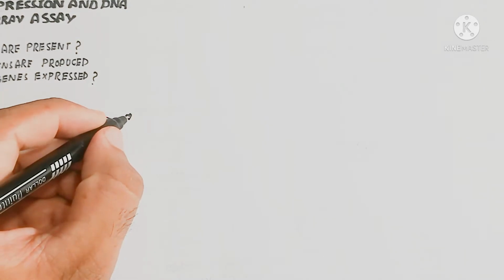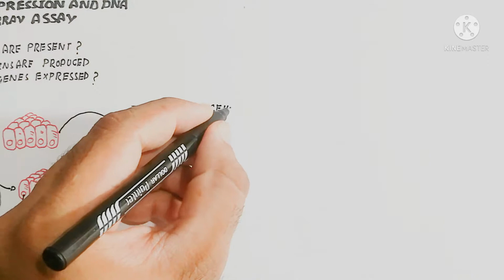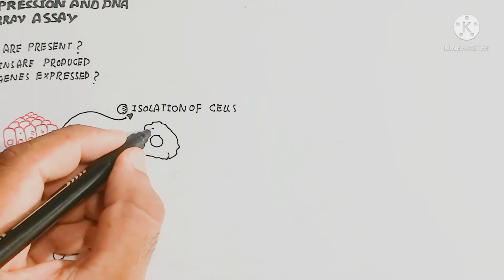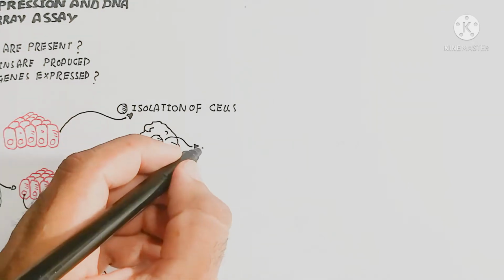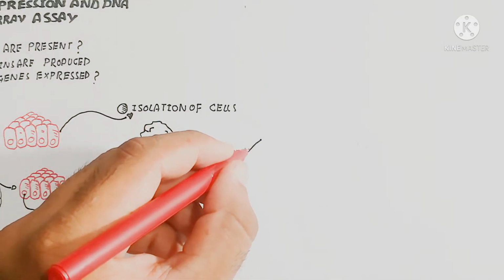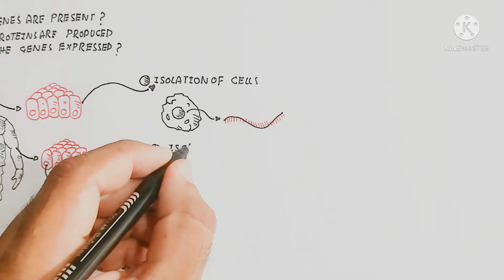So let's begin to understand how gene expression and the DNA microarray assay work. What is it useful for? Here we take the tissue and isolate cells, so we separate the messenger RNA from them.